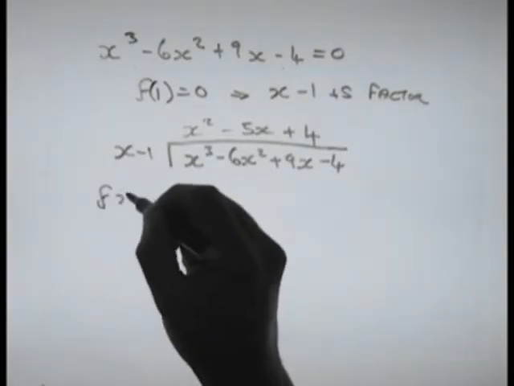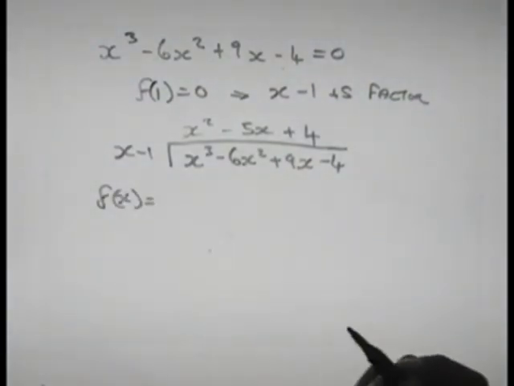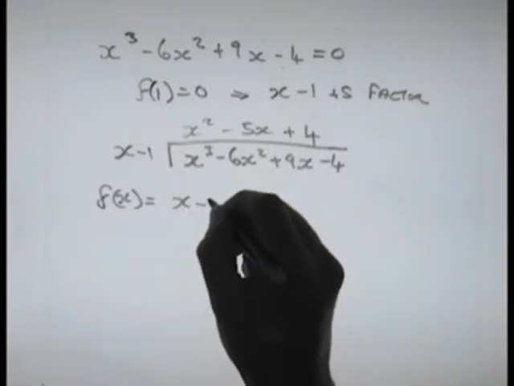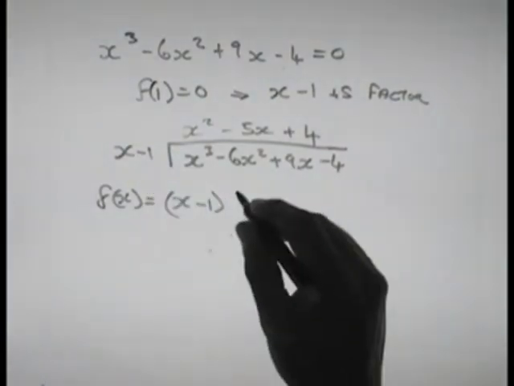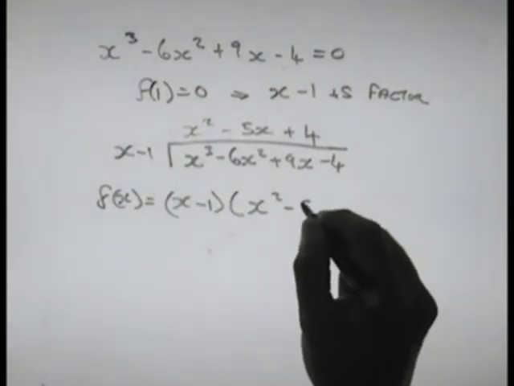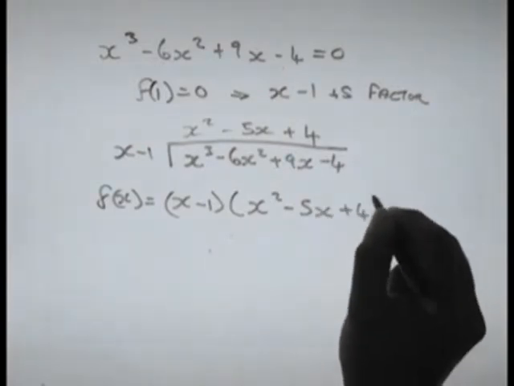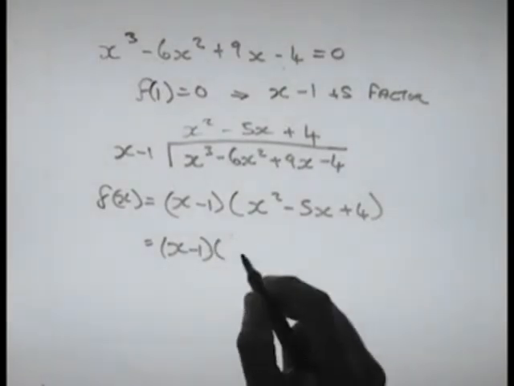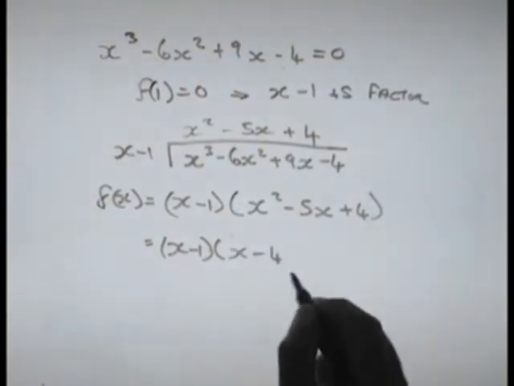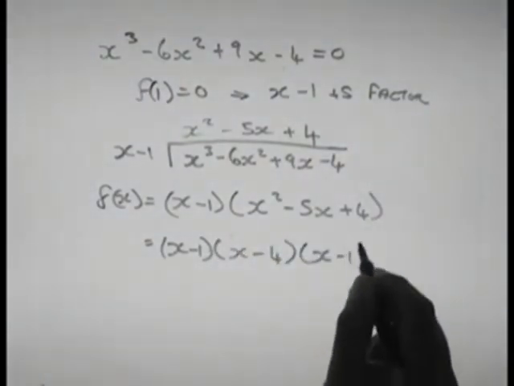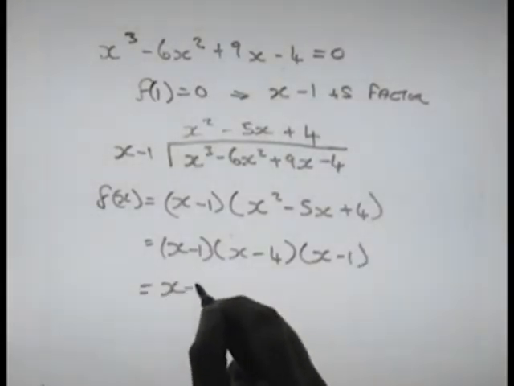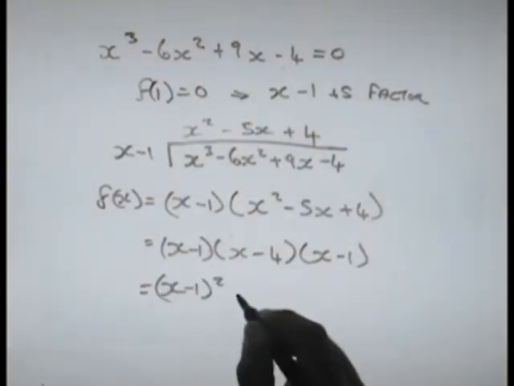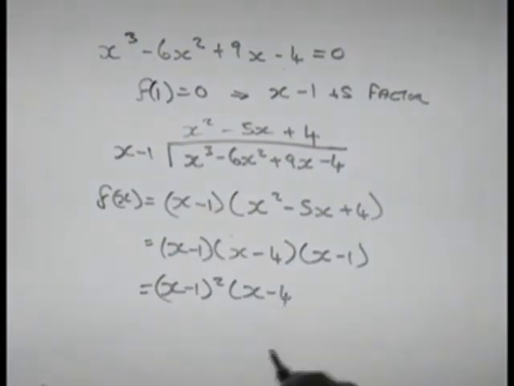That means that f of x is going to equal x minus 1 multiplied by x squared minus 5x plus 4. This can factor into x minus 1 multiplied by x minus 4 times x minus 1, which is equal to x minus 1 squared times x minus 4.